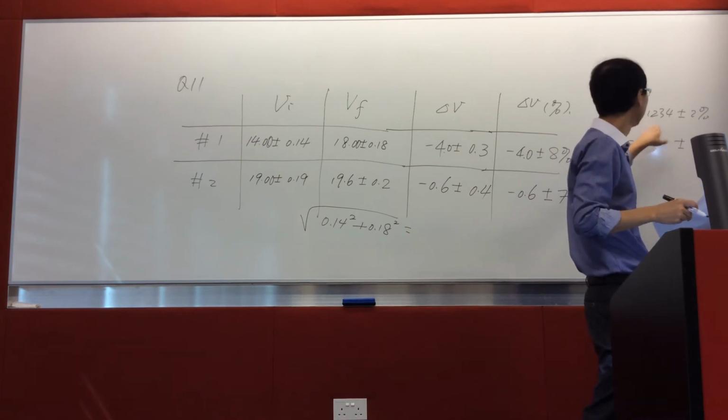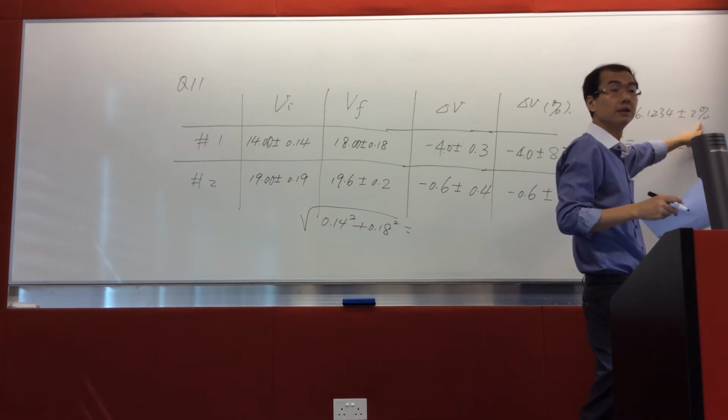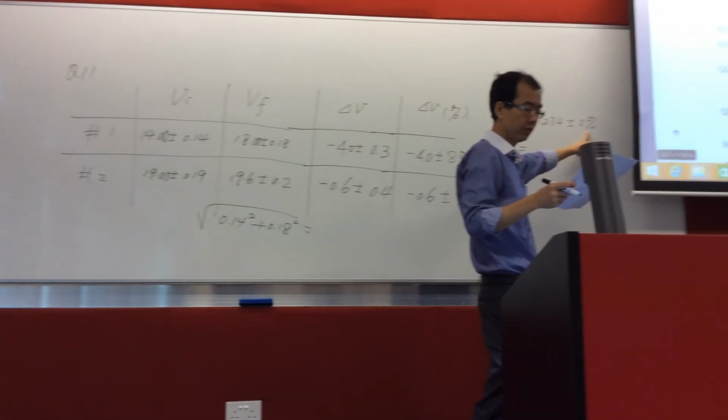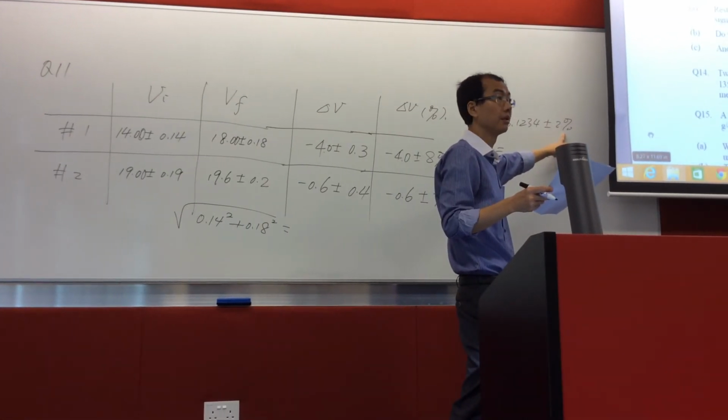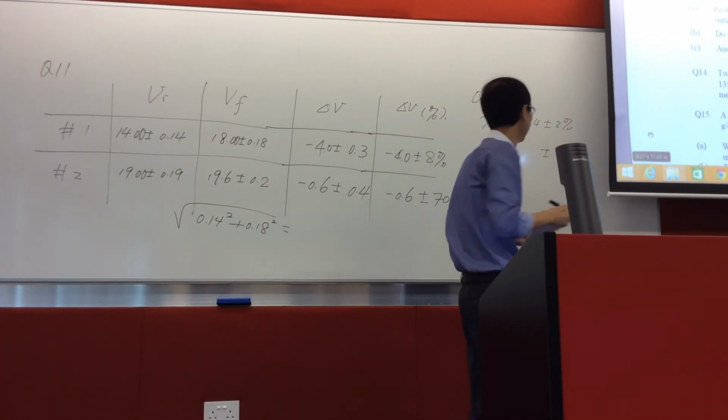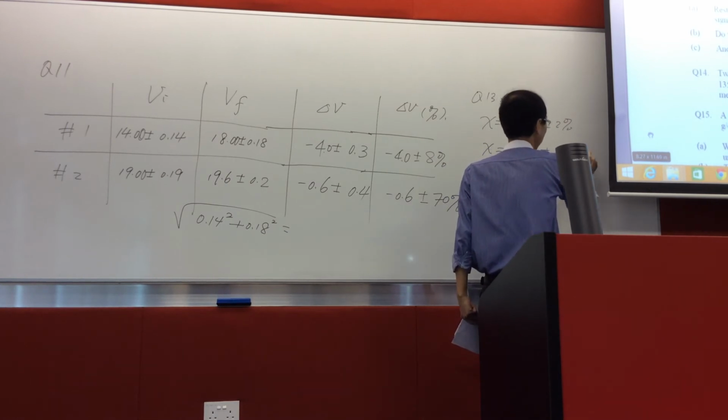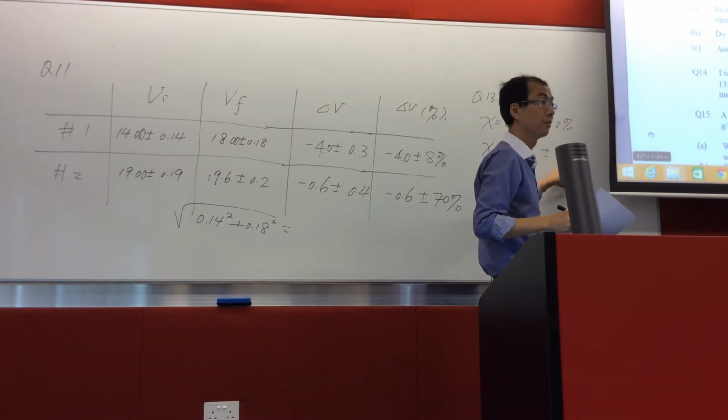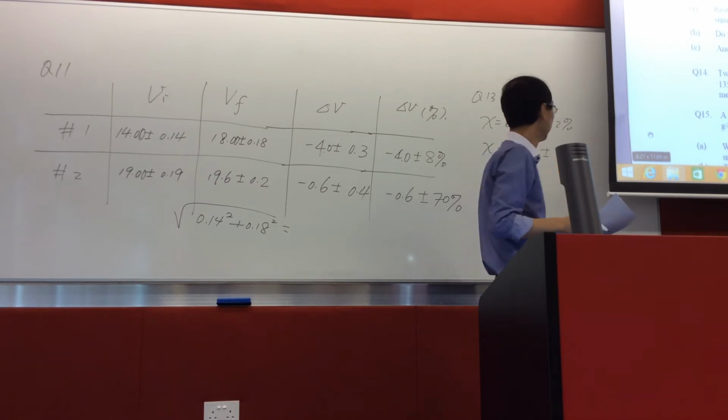You need to use this number times the percent, right? This gives you 0.12 something. Because the leading digit is 1, you need to keep 2 significant figures, so it's 0.12, right?